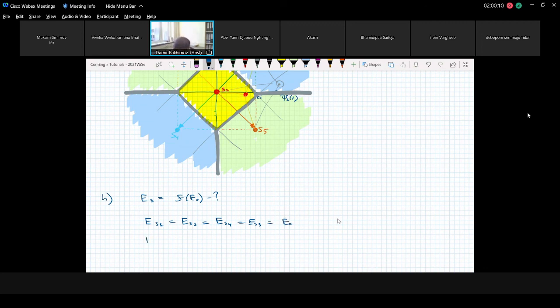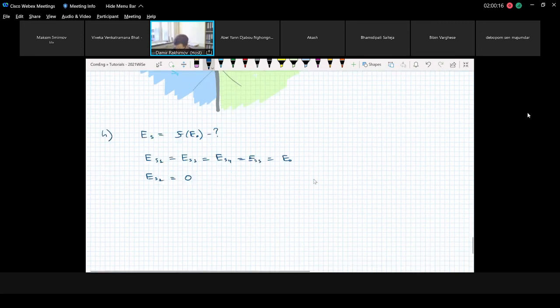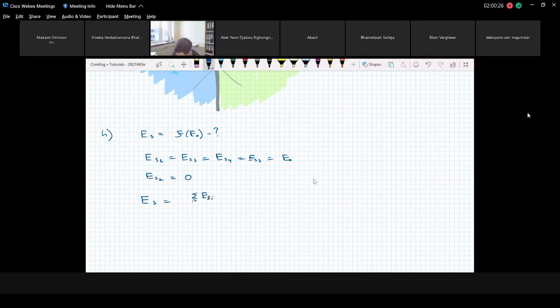For the second signal, as it equals 0, the energy also equals 0. For the average energy we just need to calculate the sum and divide by the number of symbols. And here you clearly see that the average energy will be 4 over 5 E0.